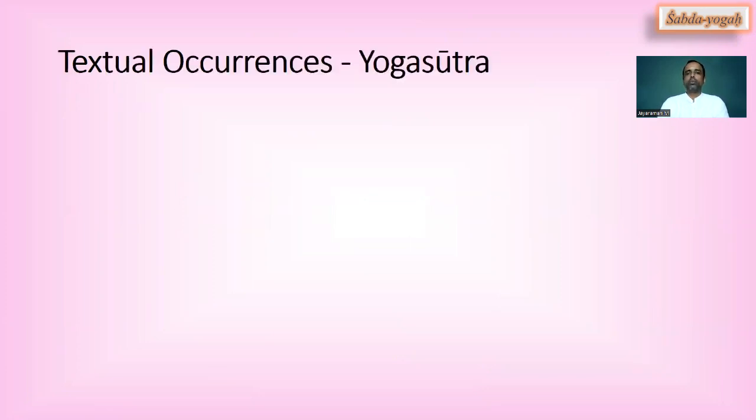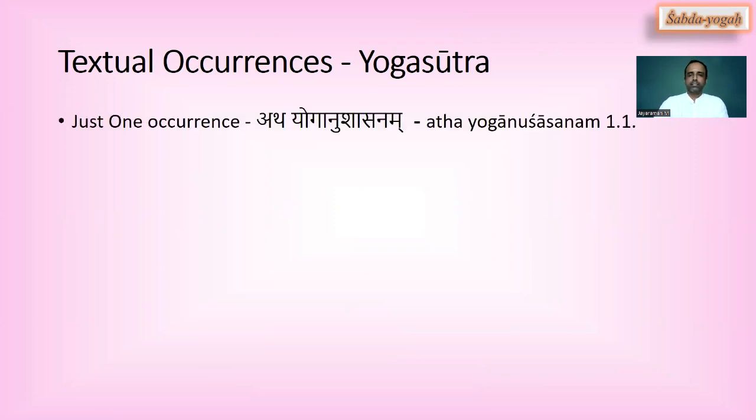Now let us move into the textual occurrences, especially in Yogasūtra, Bhagavad-gītā, and Haṭha-yoga-pradīpikā. We can see that even in the Yogasūtra, we find the word Anushasanam in just one place, Yoga-anuṣāsanam, in the very first sutra.